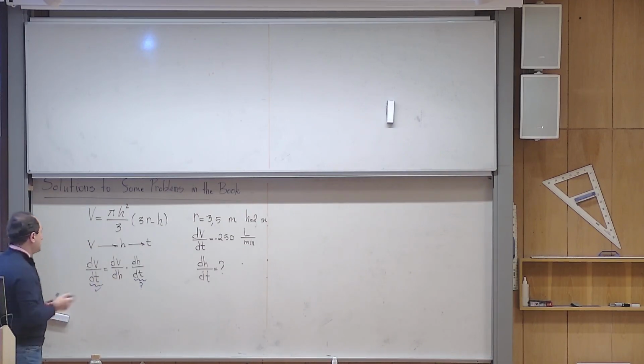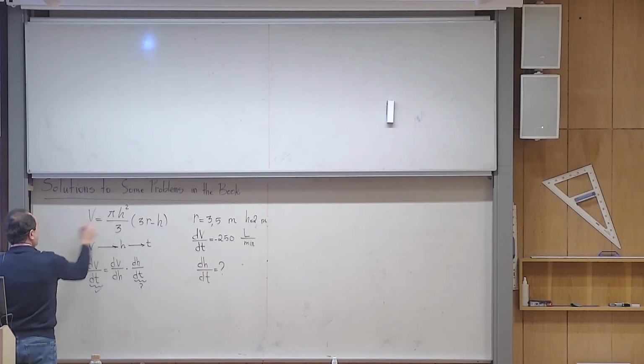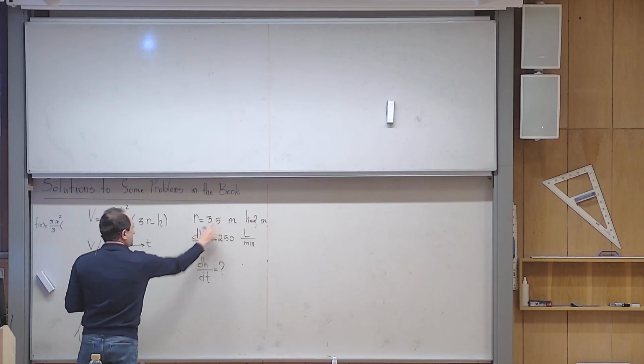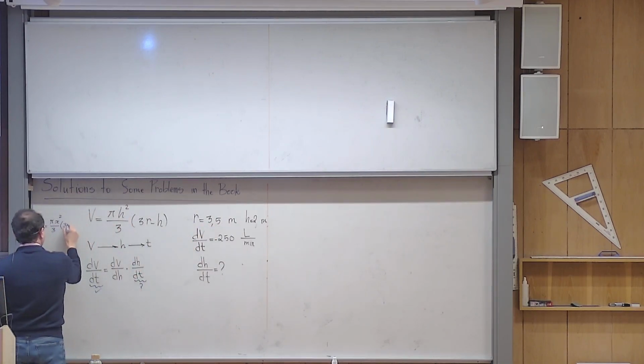So this means that in just normal mathematics, we write a function of x, x squared, yes? If I want to write it properly, so what is that? f of x is equal to pi x squared over 3, and then 3 times r, but r is this number, so let me just write 3r, and then minus x.